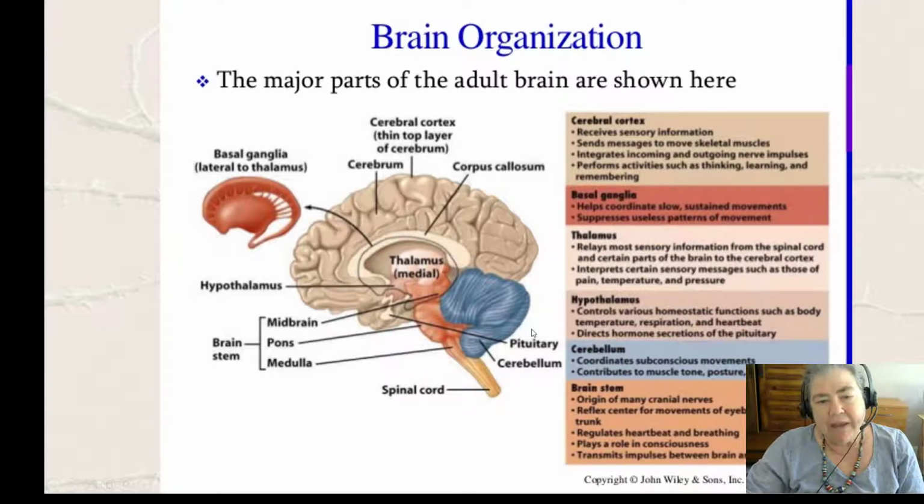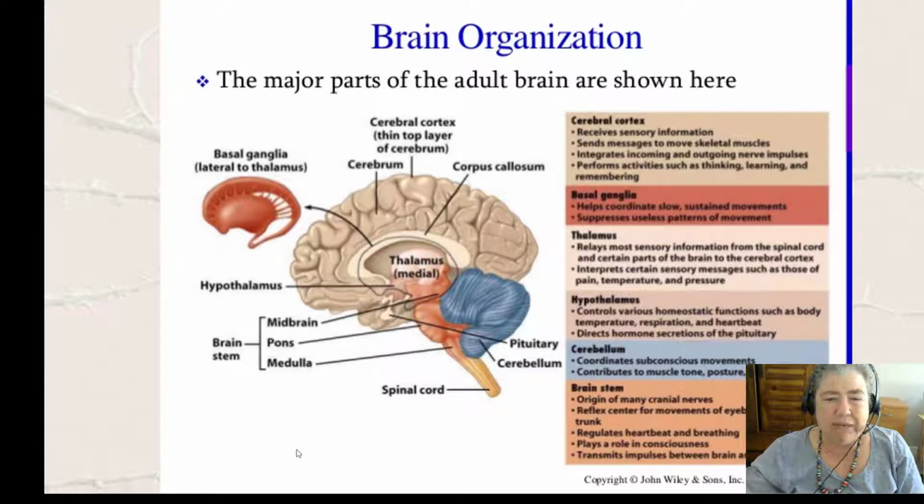Okay, the thalamus then is a relay station for sensory information and for efferent information coming from the cerebral cortex. So, a lot of stuff that comes in from a sensory perspective is relayed here.